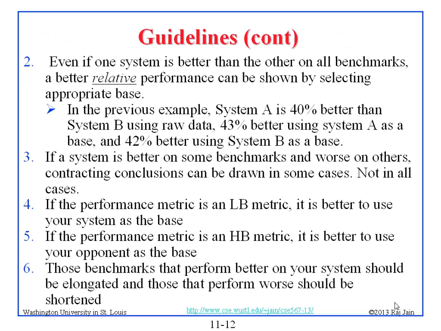If HB metric, with the opponent as the base, those benchmarks that perform better on your system should be elongated and those that perform worse should be shortened. And now when there is a question of replication, if you have two types of benchmarks, some of them you do better, you make sure that you run only those benchmarks 1,000 times.